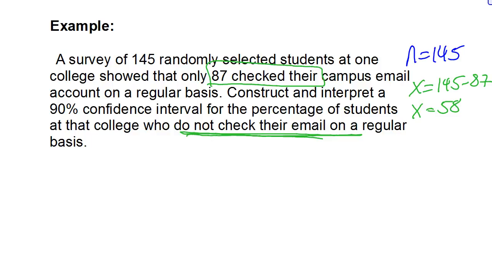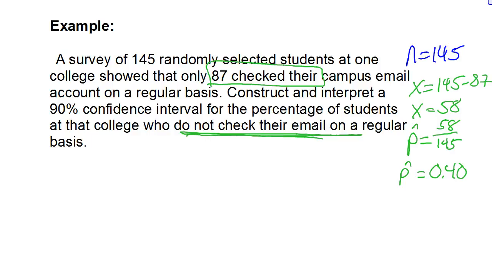So if 58 people do not check their email on a regular basis, that means that p hat is 58 divided by 145. So p hat is equal to 0.40. We want to construct a 90% confidence interval.